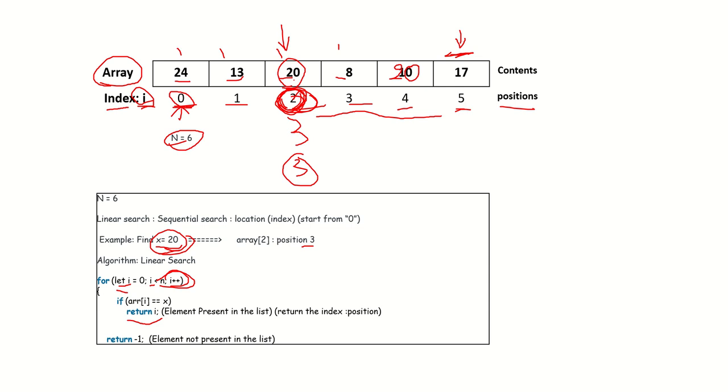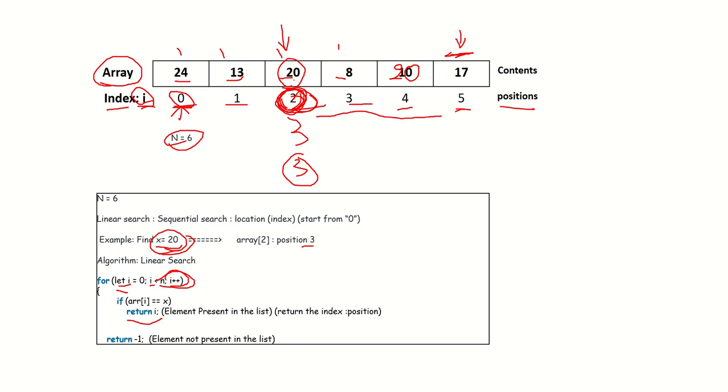I just want to bring up some cases that could be tricky when I create the algorithm, before I translate it to Java or C or Python or whatever. If I find x, I will stop and mention the index, the position.